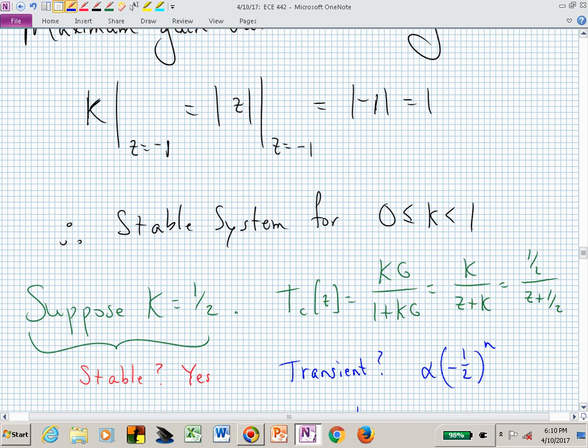What's happening? It is collapsing, it's stable, but at every sample period, it's going positive, negative, positive, negative, right? So it may be a kind of an erratic transient. You may not be happy with the transient, but it is stable. It's just going to be hopping back and forth. It is shrinking. It's collapsing at a rate of 1/2. That's the common factor between each sample, this scaling of 1/2.